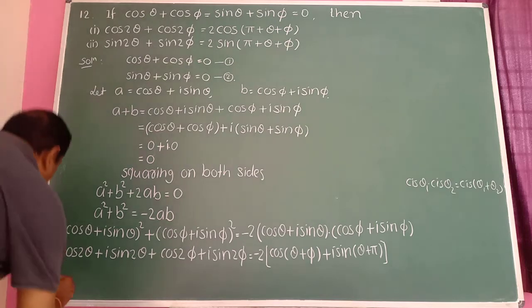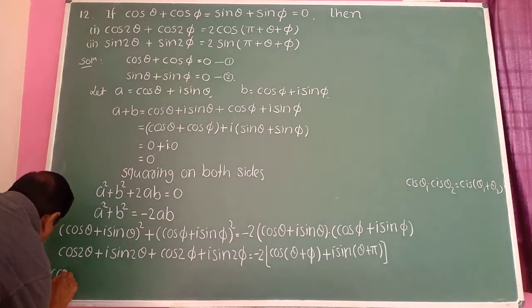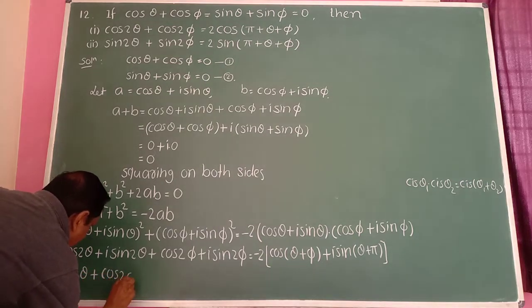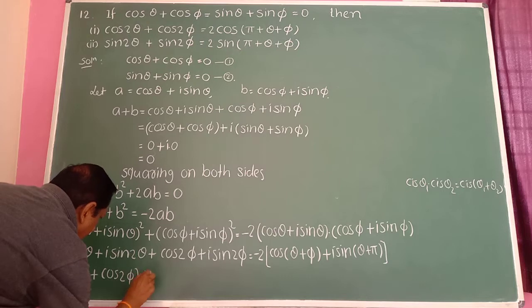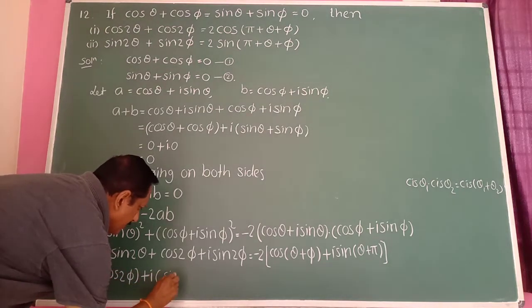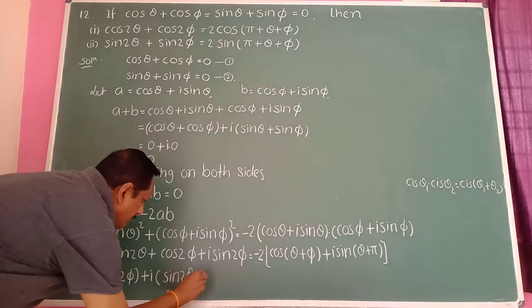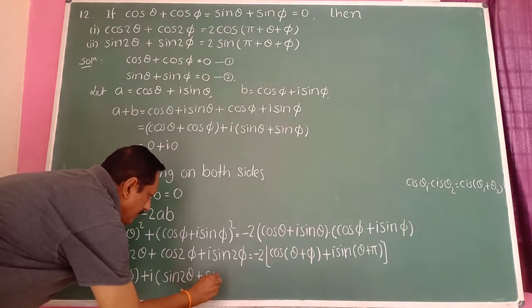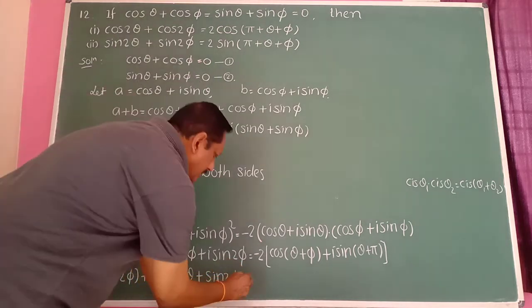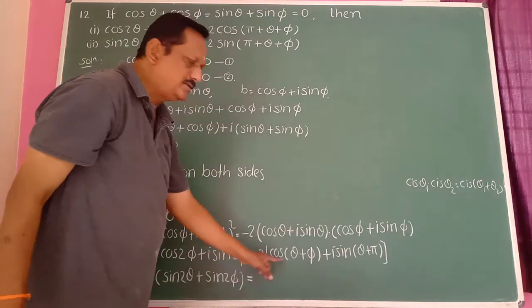First the real parts: cos of 2 theta plus cos of 2 phi. And the imaginary part, i is common: sin 2 theta plus sin of 2 phi. Bracket complete. And this is equal to, take minus 2 inside.